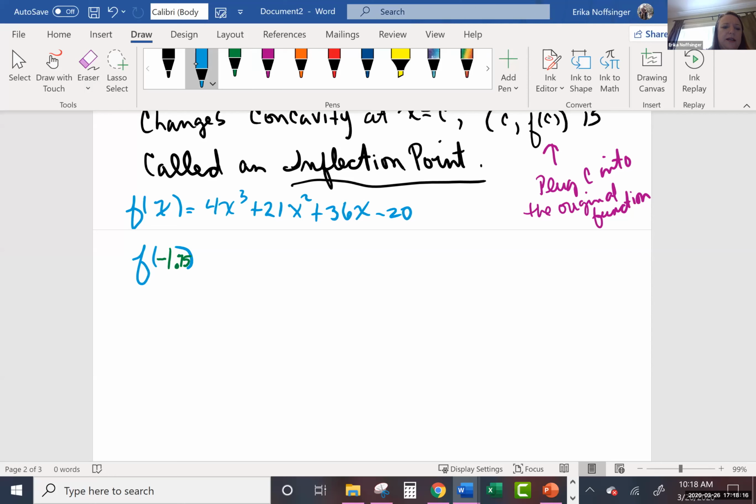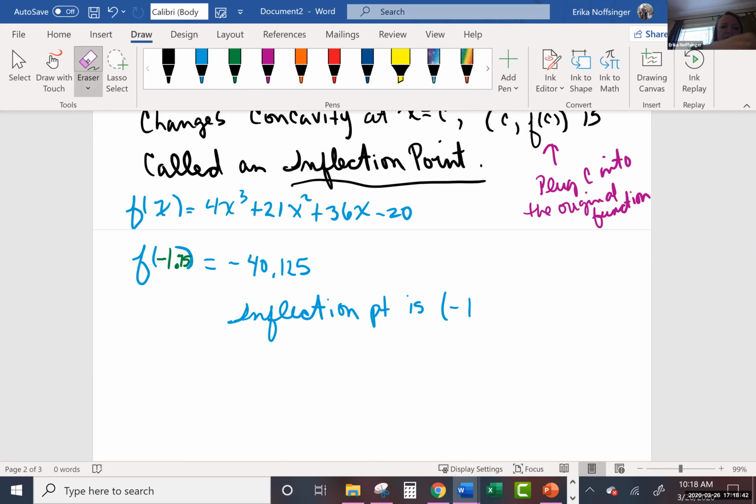So if I did this right, I get negative 40.125. So my inflection point is at negative 1.75, comma, negative 40.125.